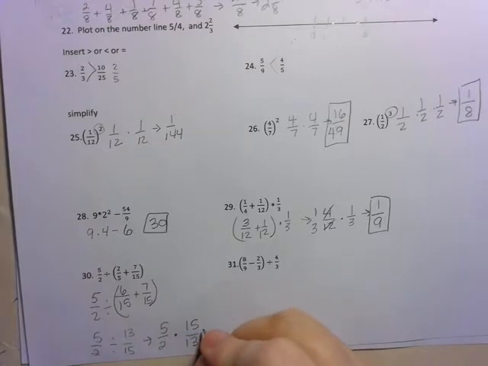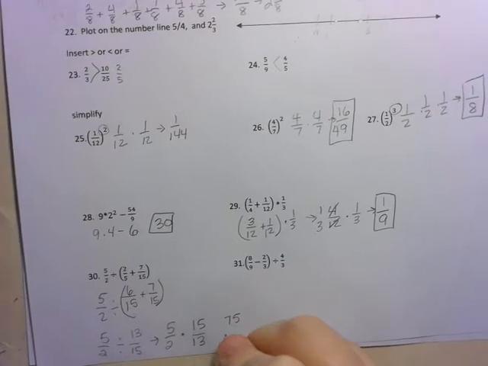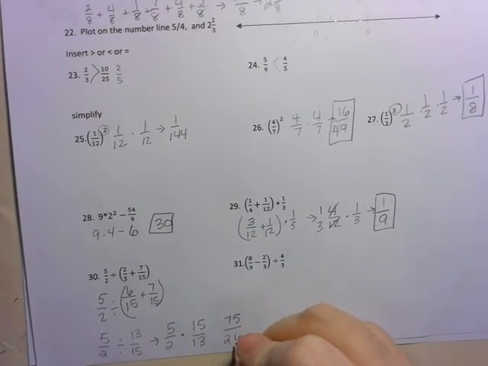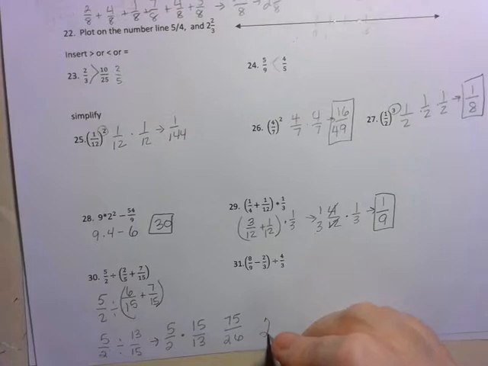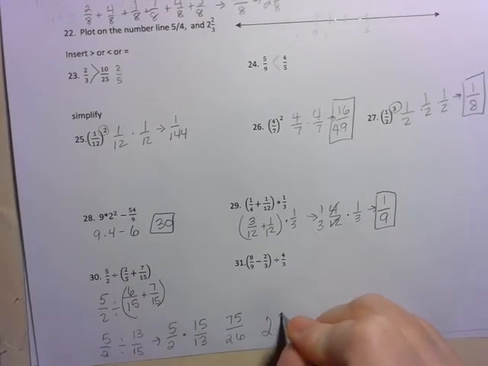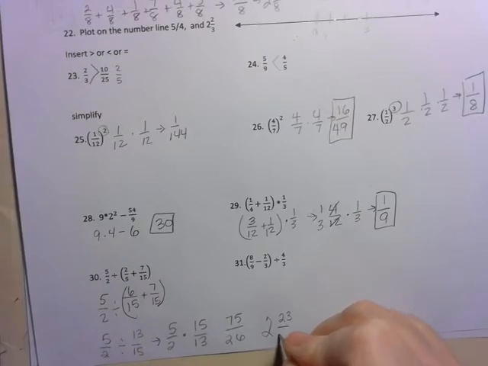Five times 15 gives me 75. 2 times 13 gives me 26. As a mixed number, 26 goes into 75 twice, and 23 left.